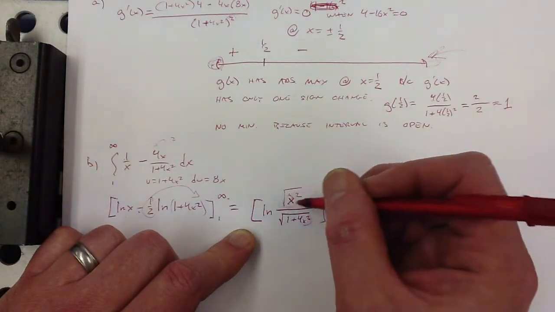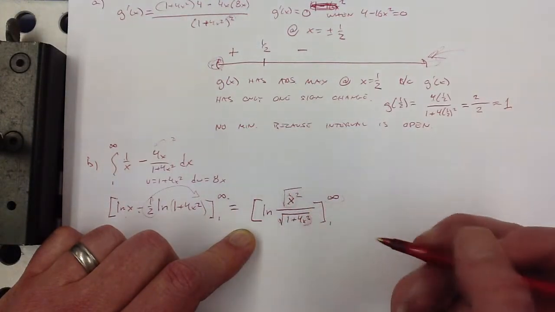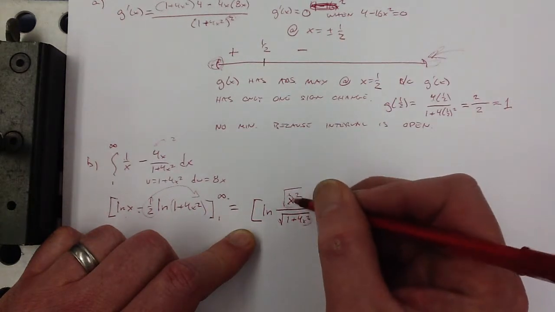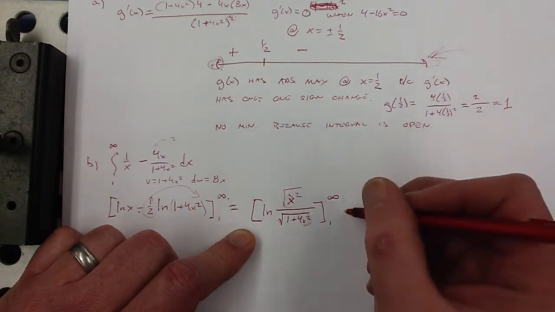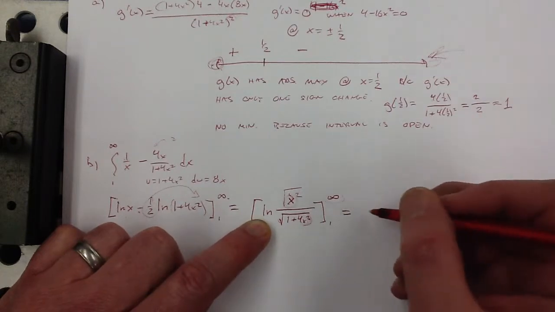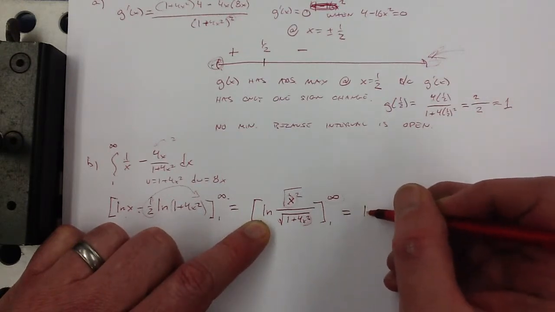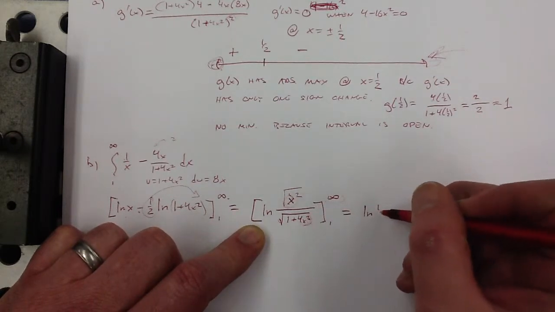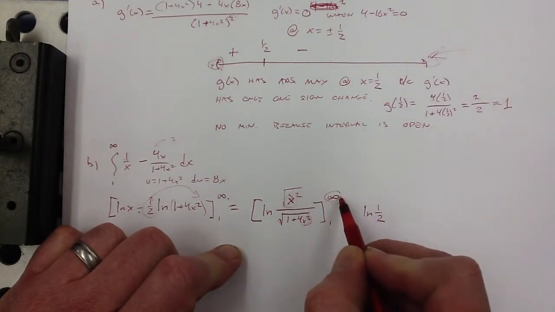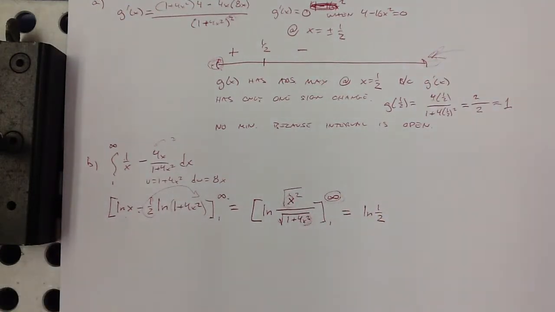That means it's just the ratio of the coefficients, remembering it's under a square root sign. So I think we have a 1/2 in here, right? So that's going to be the natural log of 1/2, because when I plug infinity in here, that's like letting x go to infinity.